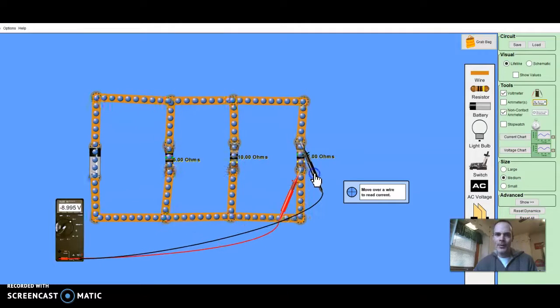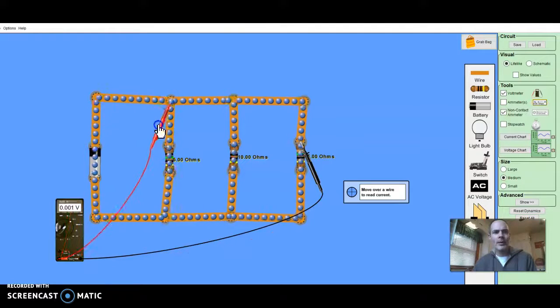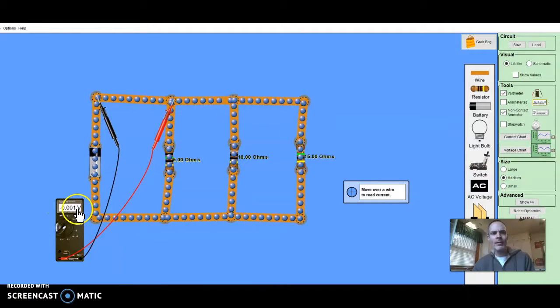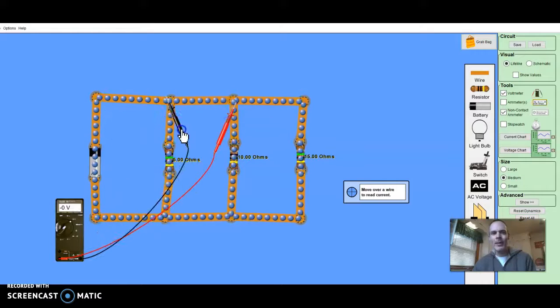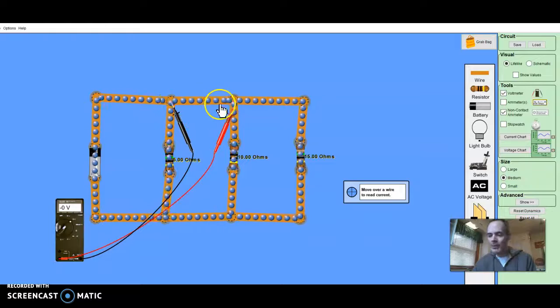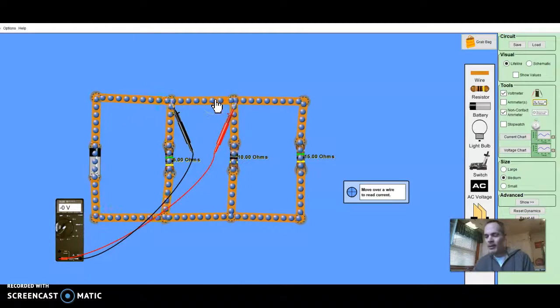And this one, 8.995, again, really close to about 9. If I put it across the wire like AB right here, I get negative 0.001. So a little voltage or energy is lost through that wire, maybe because of heat. If electrons are moving pretty quickly through there, there could be a lot of heat energy from that.